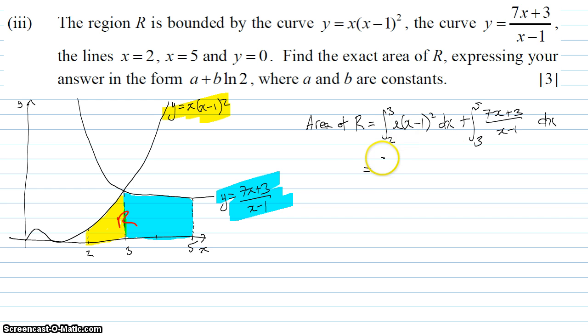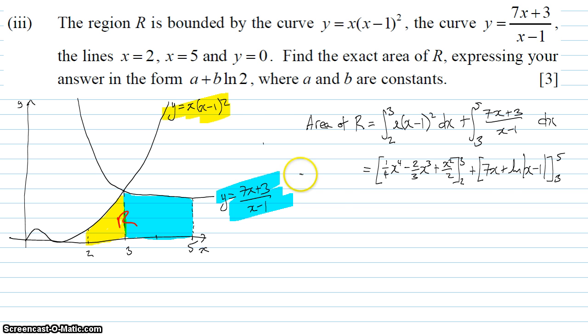This first one here, we found to be 1/4 x to the 4 minus 2/3 x cubed plus x squared over 2. And I can omit the constant term because this is a definite integral. So 2, 3, plus, and this was 7x plus ln (x minus 1), between 3 and 5. Okay?